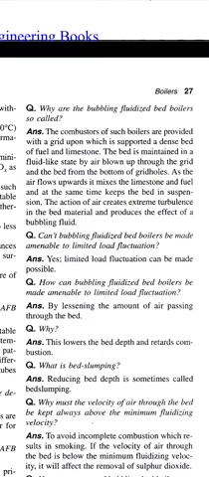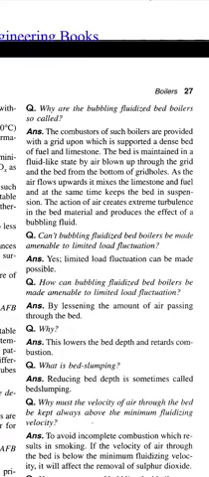As the air flows upwards, it mixes the limestone and fuel and at the same time keeps the bed in suspension. The action of air creates extreme turbulence in the bed material and produces the effect of a bubbling fluid.